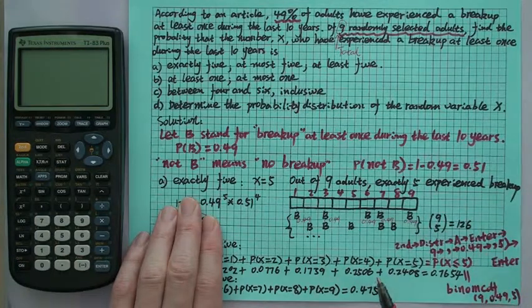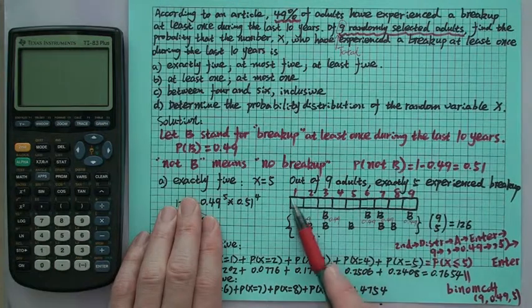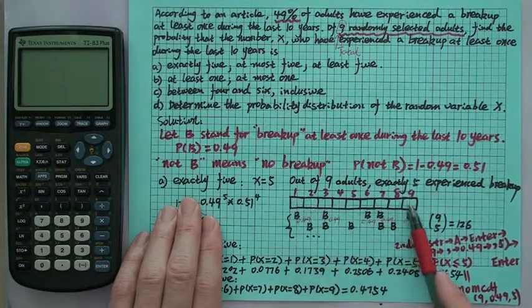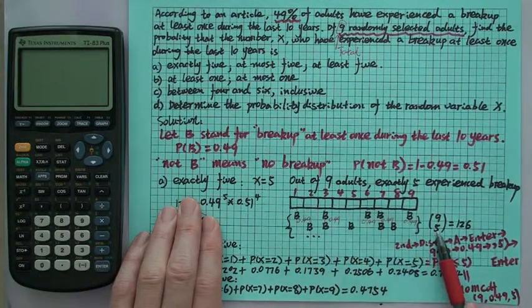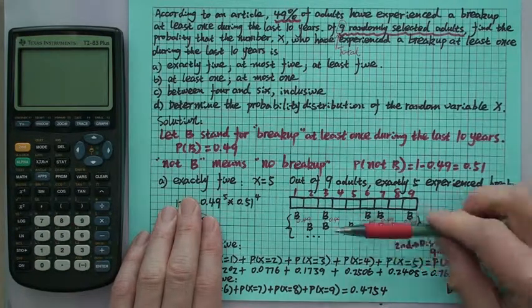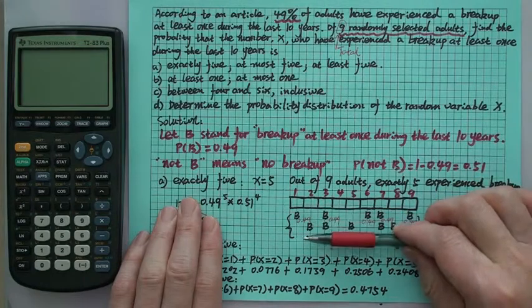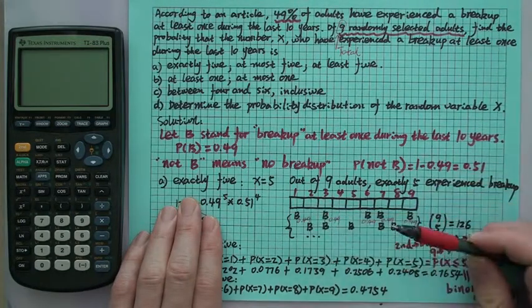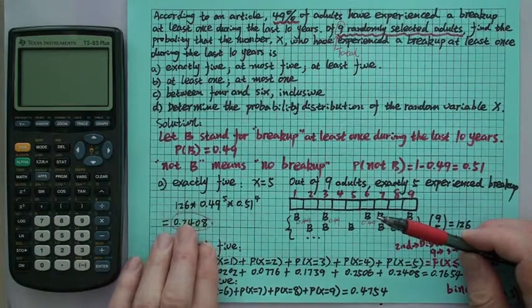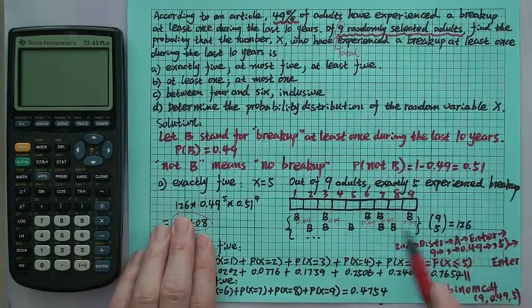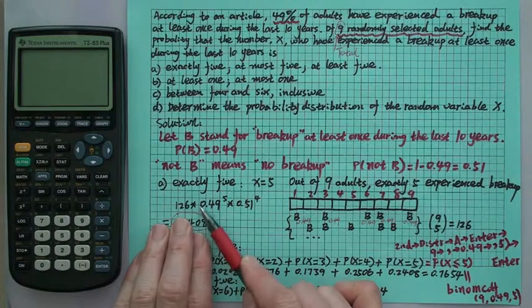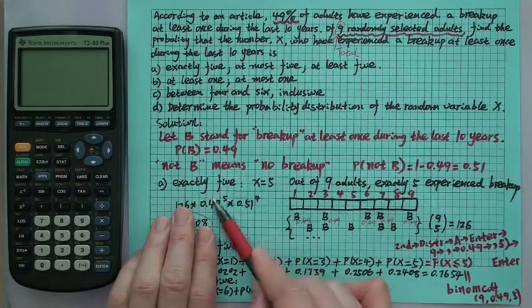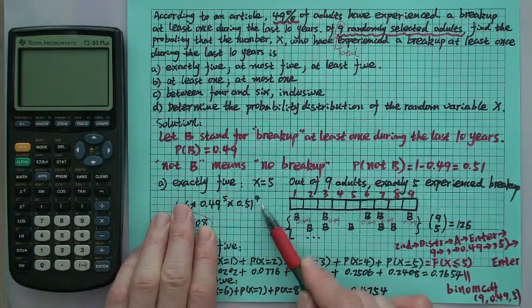Eventually, you have 9 people and you choose 5, which is 126. So there are basically 126 combinations. So you want to do 126 times the same value here.